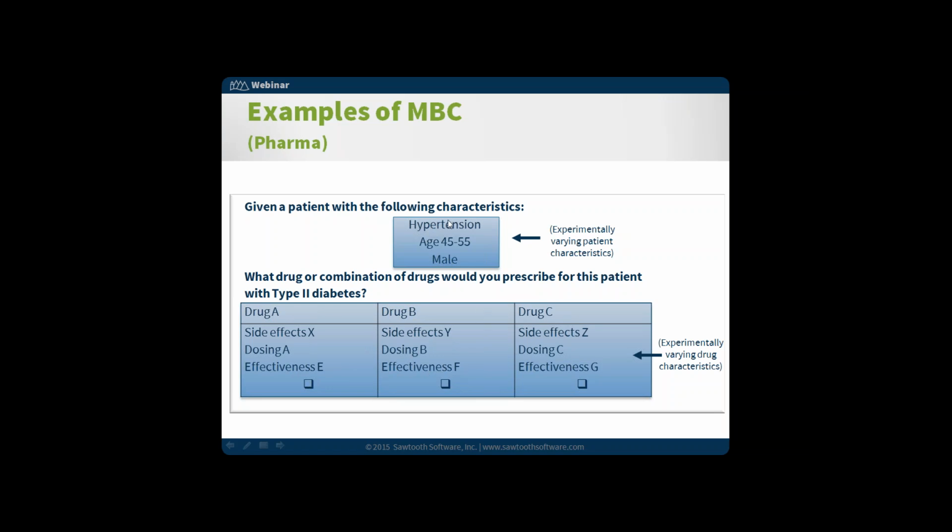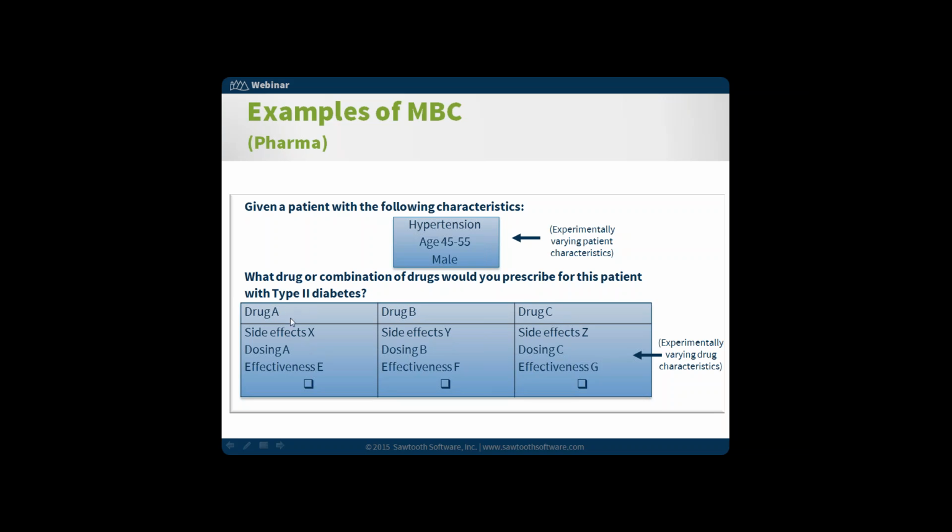What's really neat about this is it looks like a CBC in a lot of ways, but you've got this element on top, the experimentally designed element, that the patient characteristics can change. So the patient characteristics change in a kind of little mini conjoint experiment here, and then a CBC-looking multi-select experiment happens here all together.